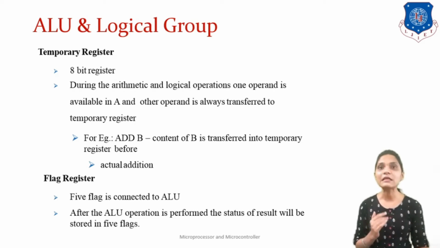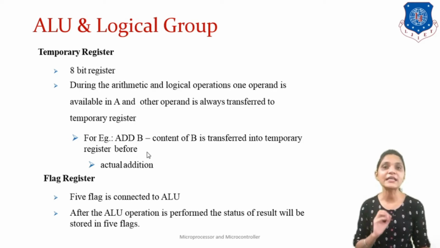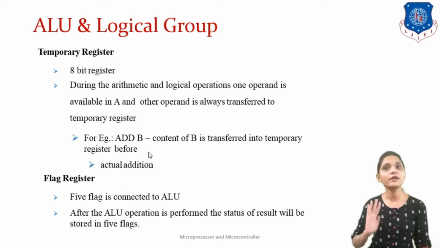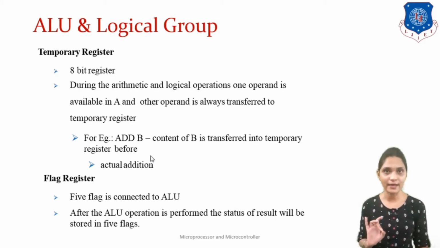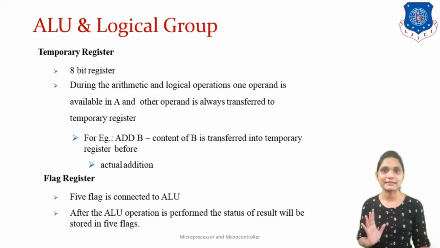So this is the basic block of the ALU and logical group, which contains the ALU, accumulator, temporary register and flag register, where you are performing all of your arithmetic logical tasks.